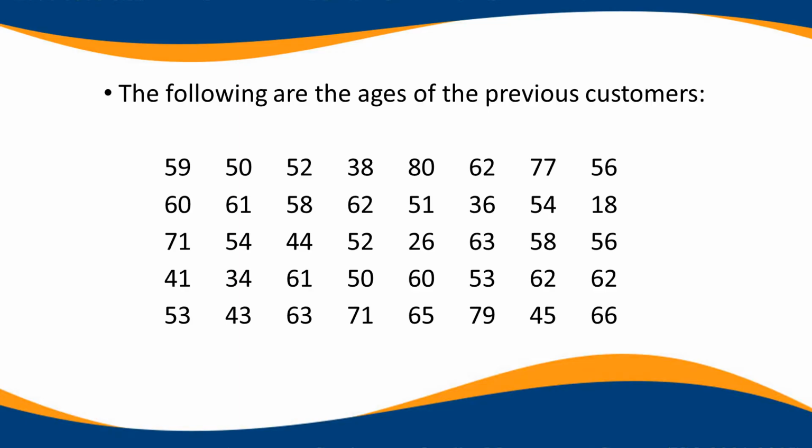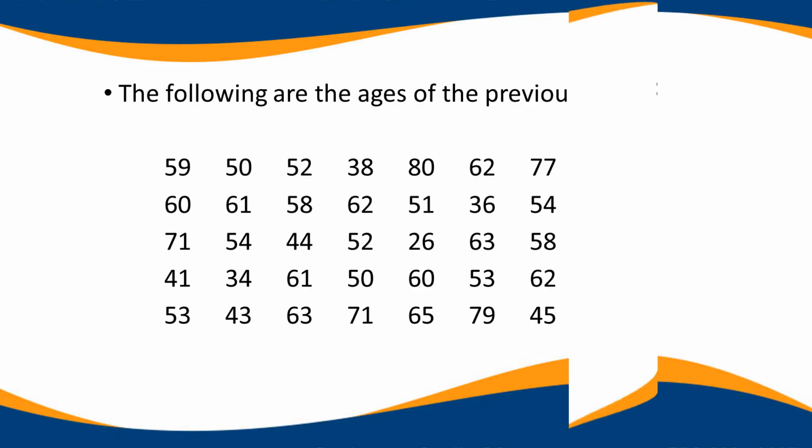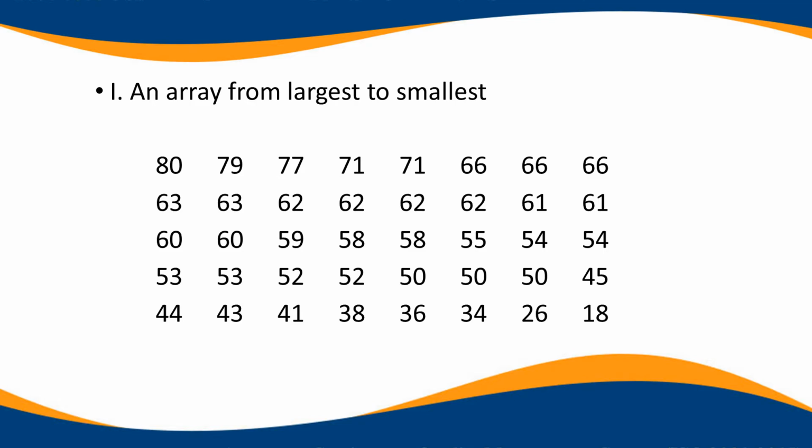Paano ang paggawa ng array? Sabi is arranging the numbers from smallest to highest or from highest to lowest. So here, it is arranged from 80 down to 79, 77 until 18. 80 being the largest number and 18 is the smallest.